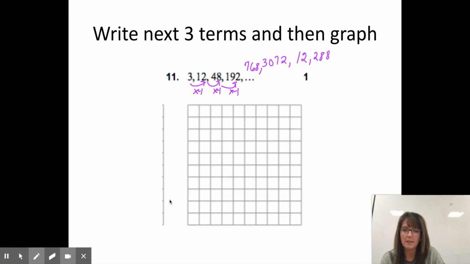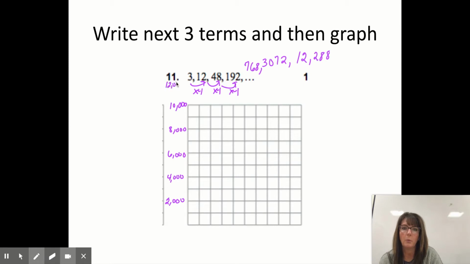Now to graph these, let's see, we're going to run out of space. I know that, but I'm going to mark the X counting by 2,000. Well, not really, but I'm just going to mark the evens. 4,000, 6,000, 8,000, and then 12,000.